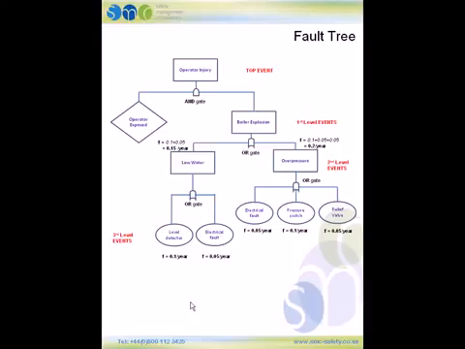Now, to get the frequency for the boiler explosion, that is the frequency of the low water plus the frequency of the overpressure, so 0.15 plus 0.2, giving us a frequency of 0.35 per year. So now we have the frequency of the boiler explosion.